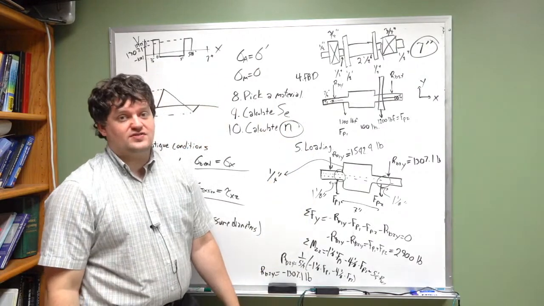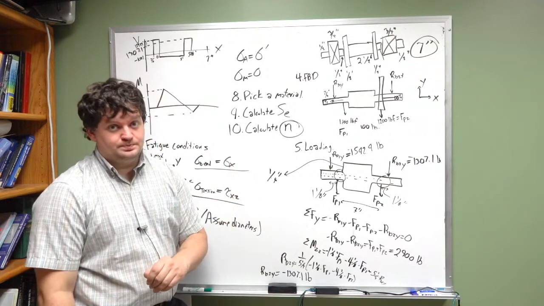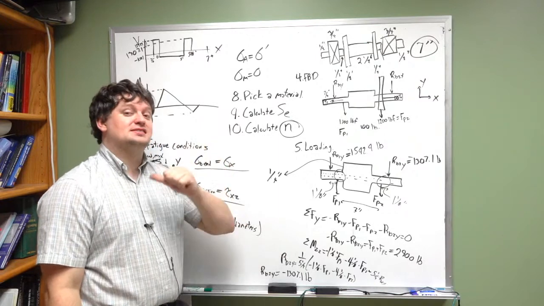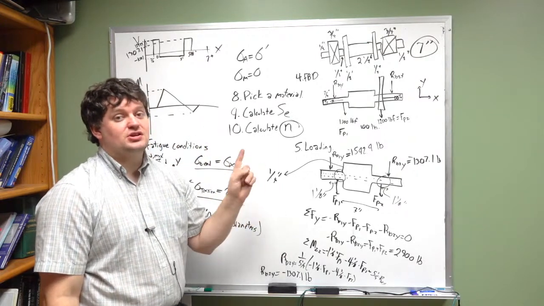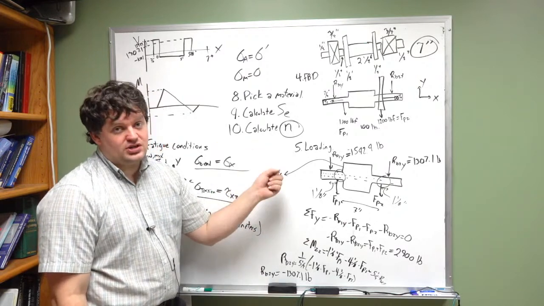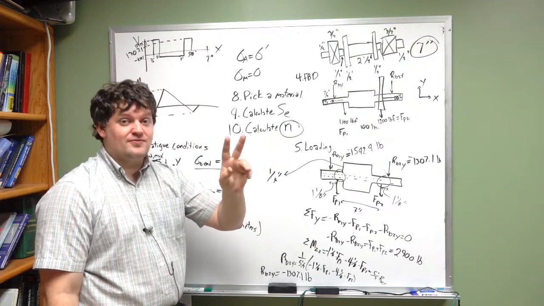If your factor of safety is less than 1, your design will fail. If it's greater than 1, your design is expected under these loading conditions to succeed. For a shaft, I would expect your factor of safety should be 2. And you should aim for 2.